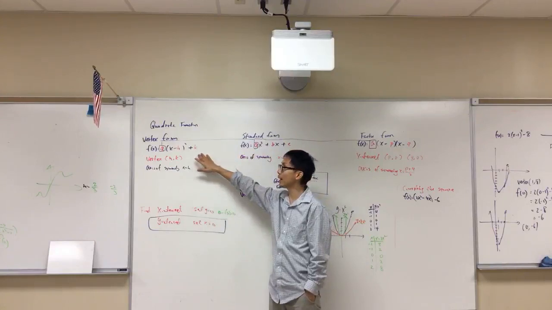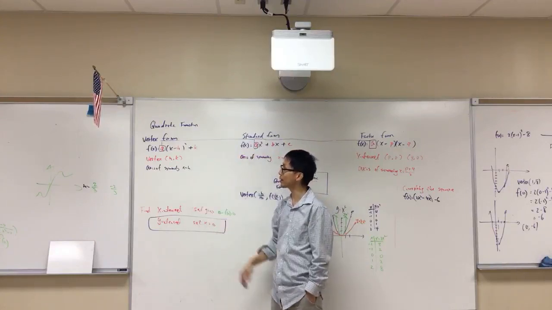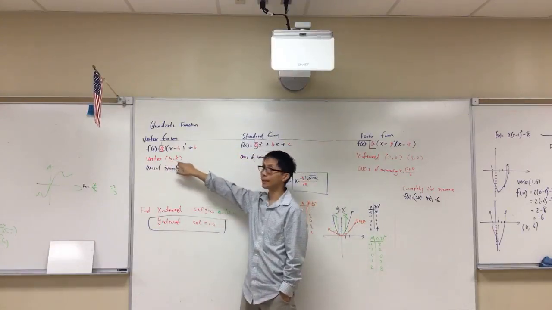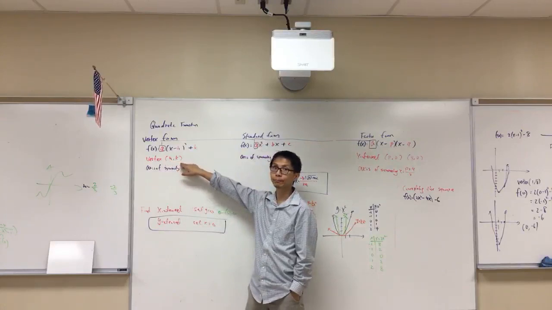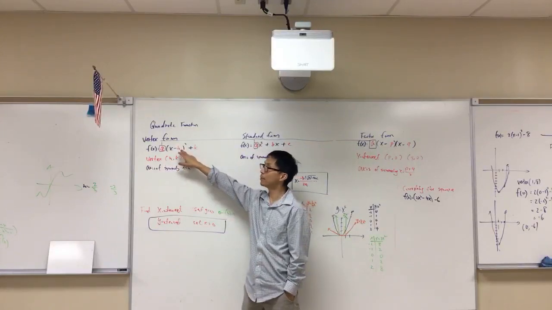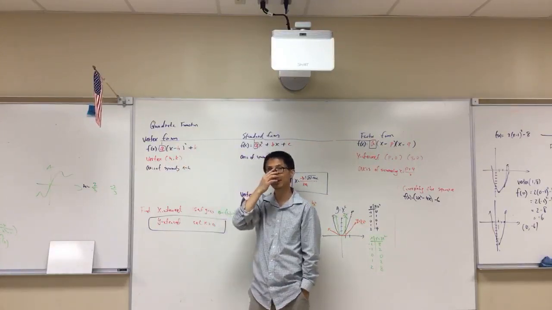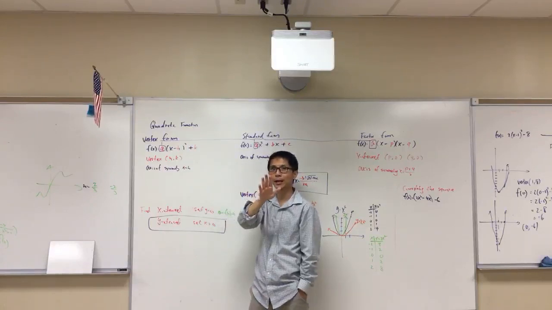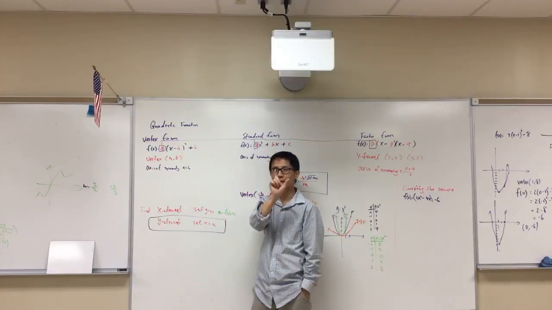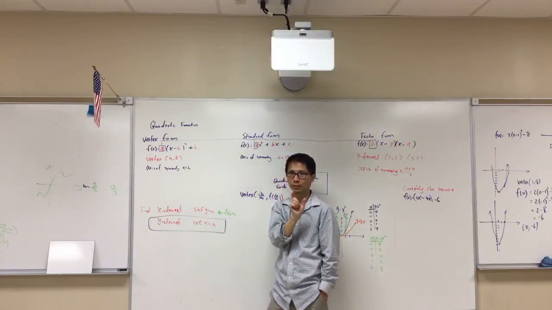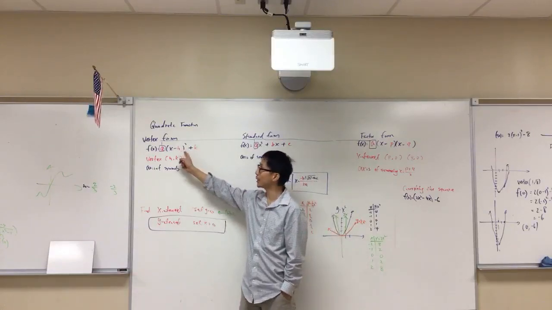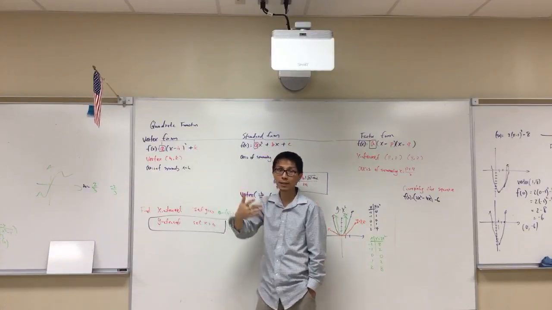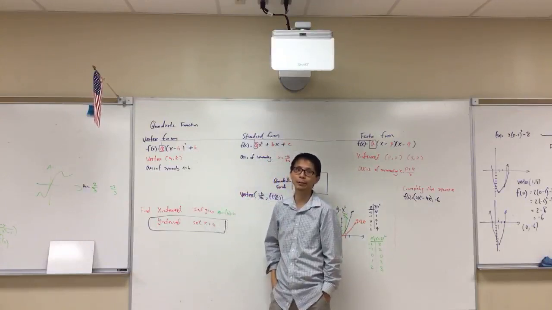What is my vertex? It's H and K, because that's moving 5 units to the left and 1 unit down. So that's already in vertex form here, and you do already know how to graph this.